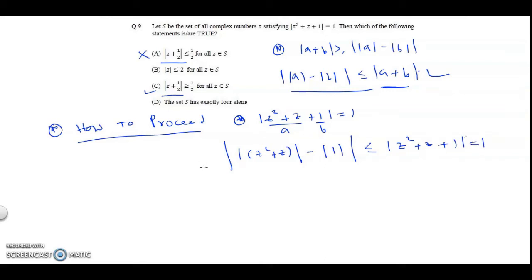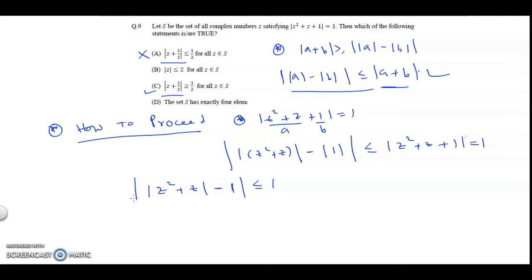So we have found that modulus of z square plus z minus 1 is less than or equal to 1.